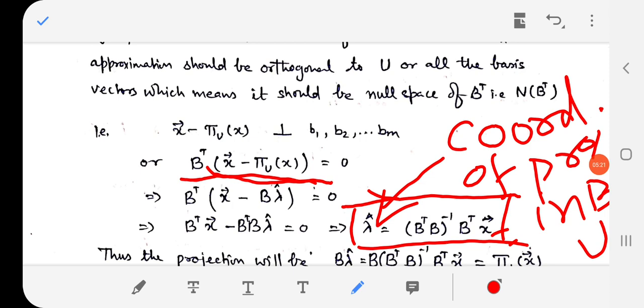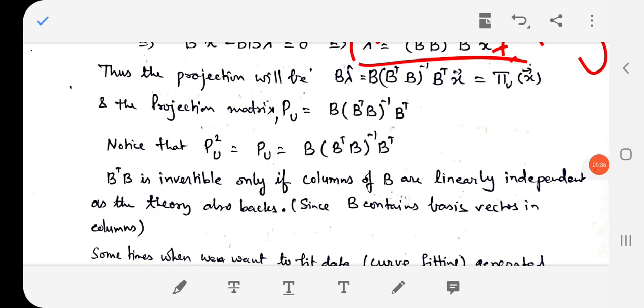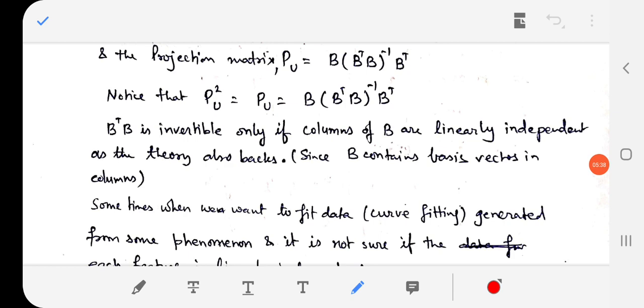And why should it be linearly independent? Because B's columns are nothing but the basis vectors of the subspace U, so they have to be linearly independent. And that's how the projection matrix comes out to be this one.